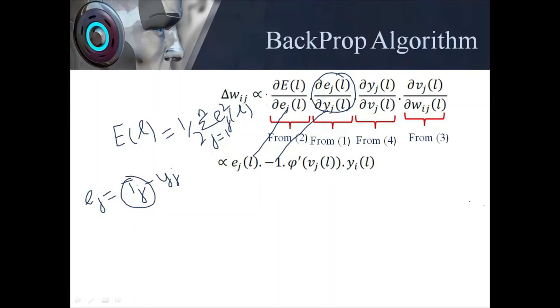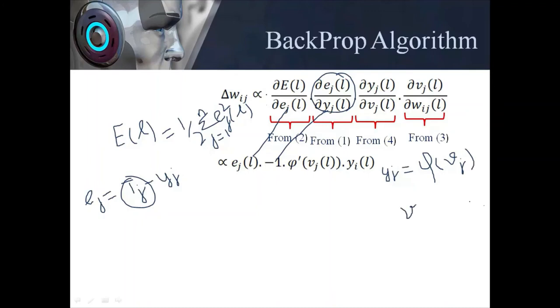Coming to the third, it is going to come from equation 4. What does equation 4 say? That the output is nothing but the activation function applied to the weighted sum Vj.